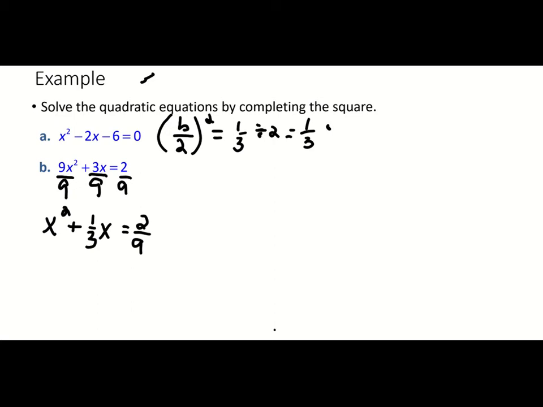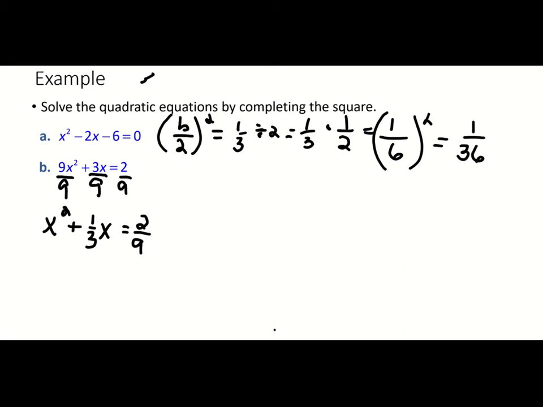One-third times 1/2 becomes 1/6, and then we have to square it, and that would be 1/6 times 1/6, which would be the same as 1/36.